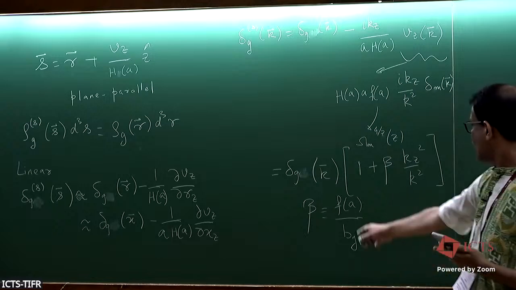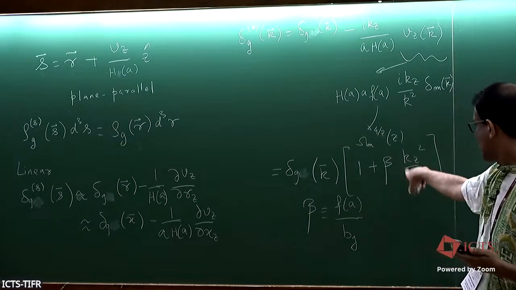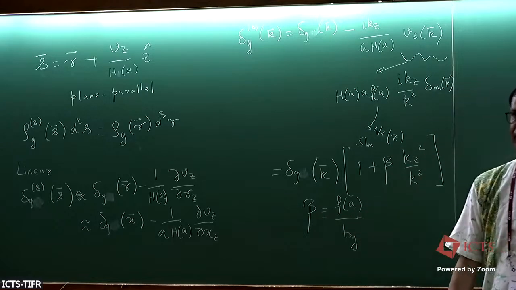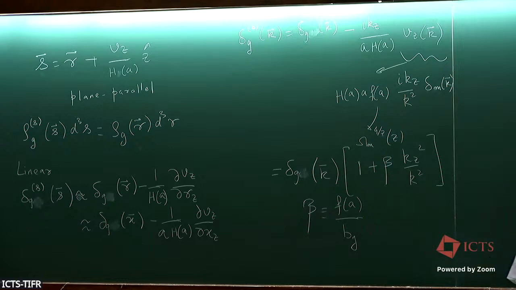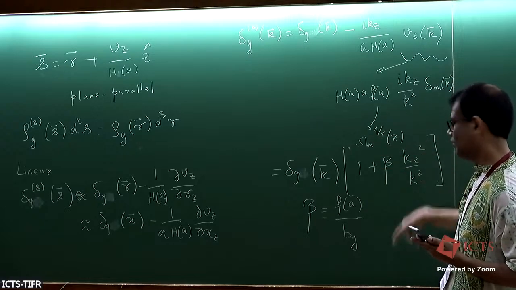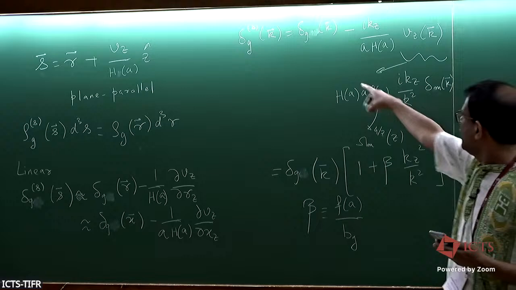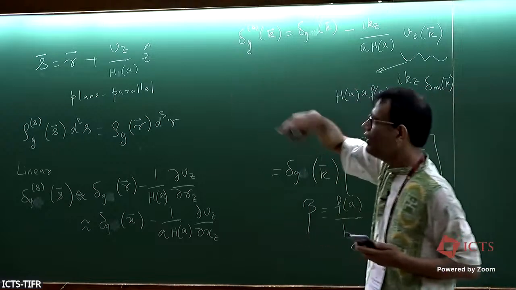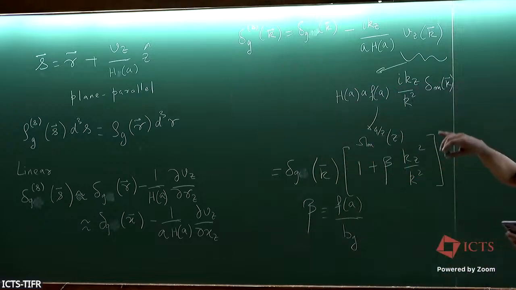So this quantity basically characterizes how much distortion you will have because of peculiar velocities, and you see it depends on the direction. k is actually your kx, ky, kz.